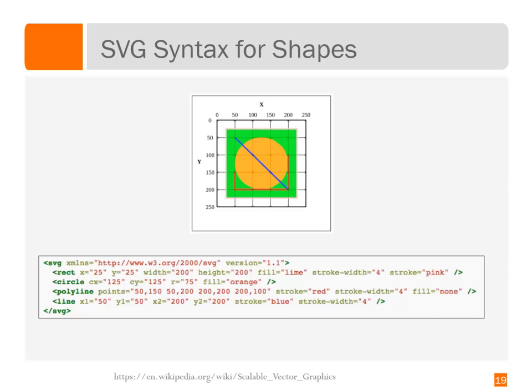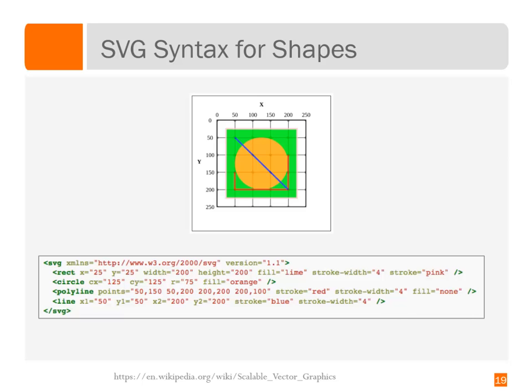And so we start with the center point of 125, 125 is the center of the circle. Our radius is 75, so just like our radius works, it extends out 75 from the center, and then we're going to fill it with orange. So we've defined our fill color there as orange. And we can draw our circle.